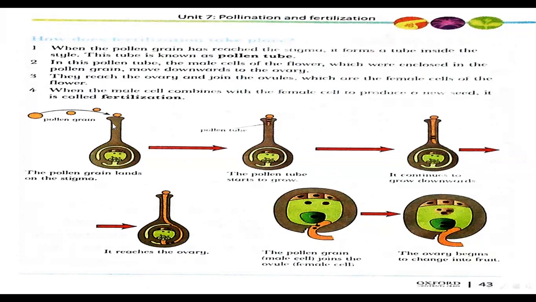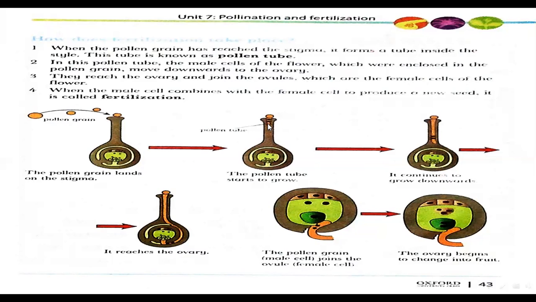In the second step, in this pollen tube, the male cells of the flower which were enclosed in the pollen grain move downward to the ovary.